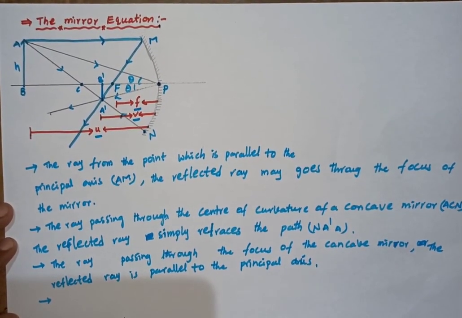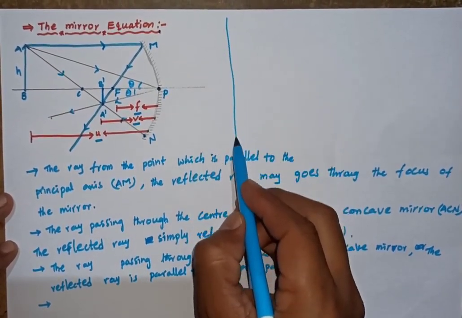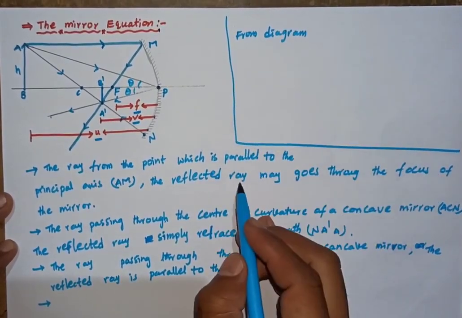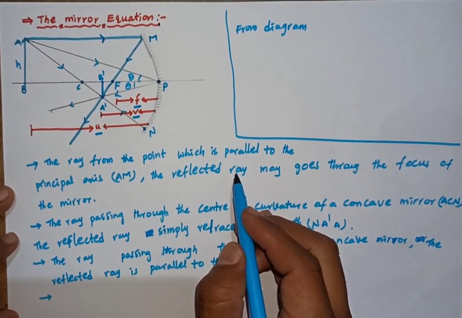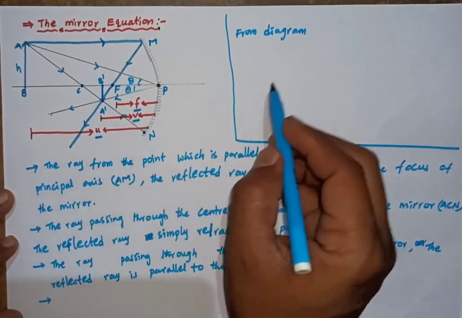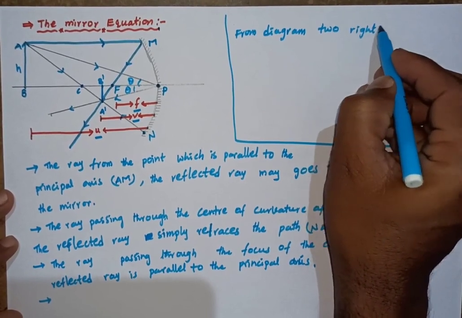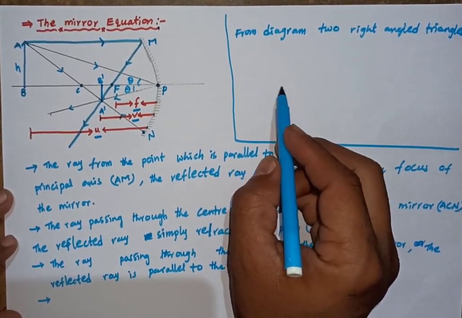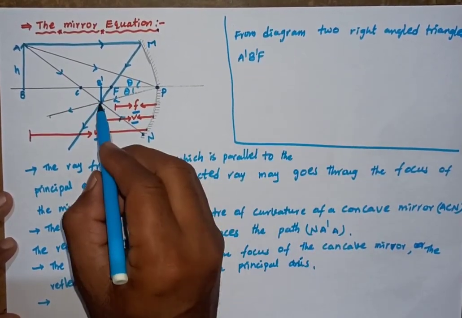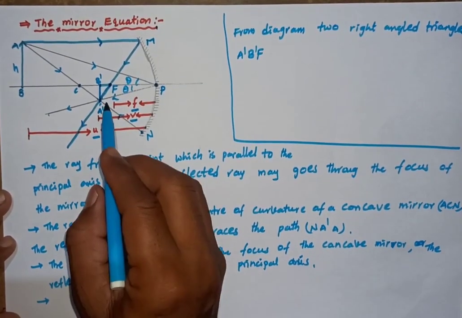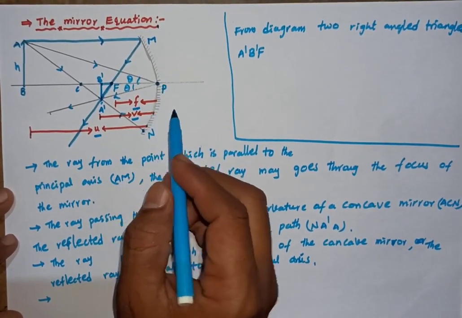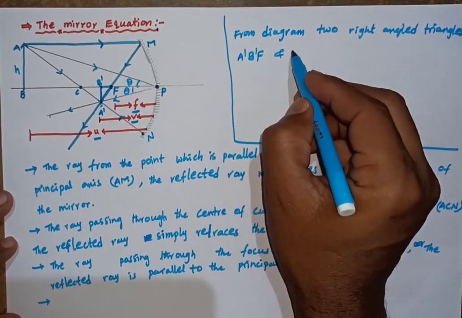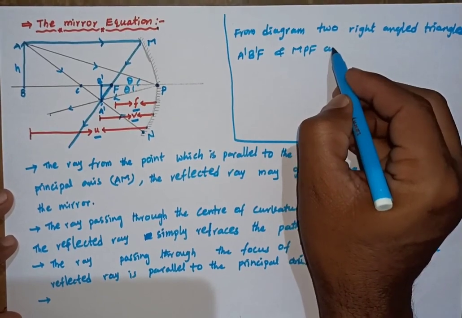Now we consider from the diagram the two right angled triangles: A dash B dash F, and also MPF. So A dash B dash F and MPF are similar triangles.